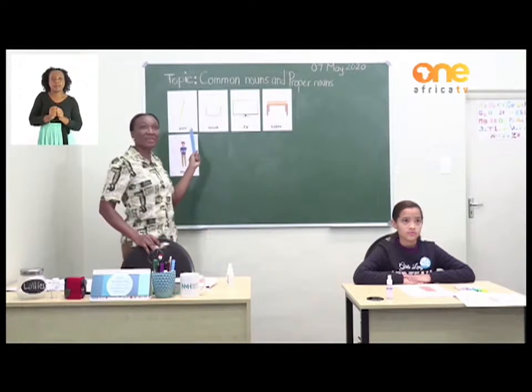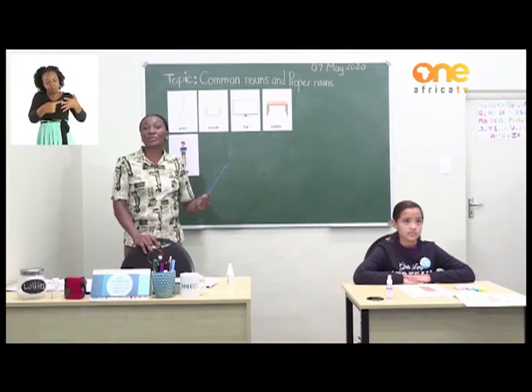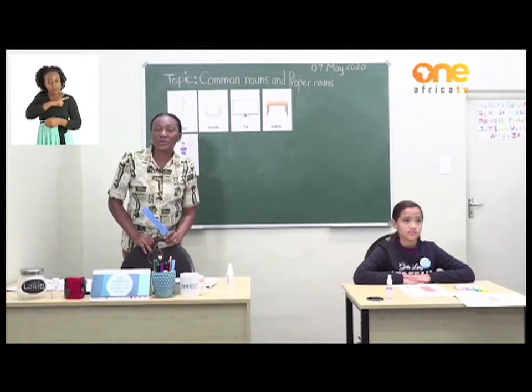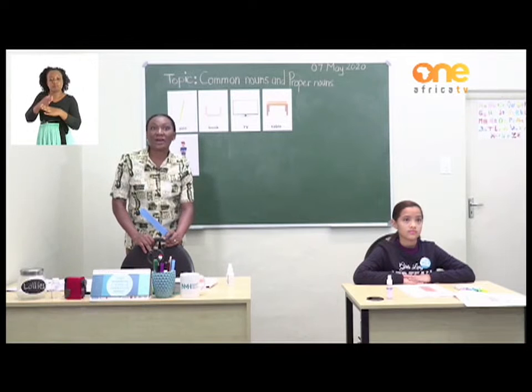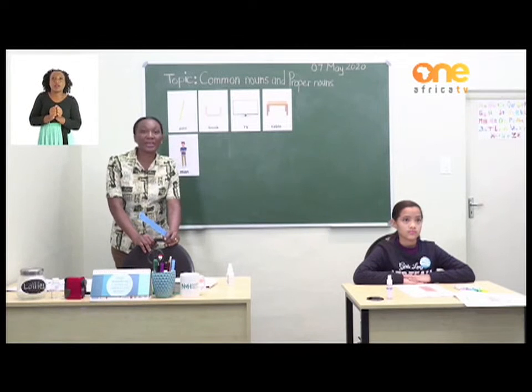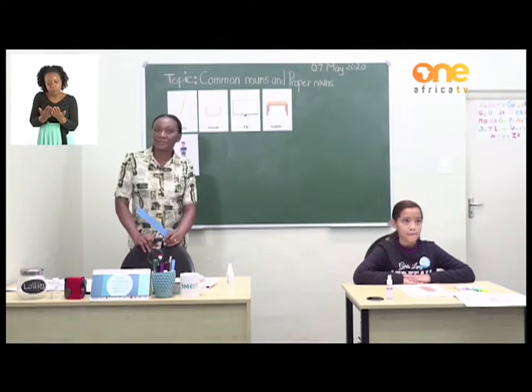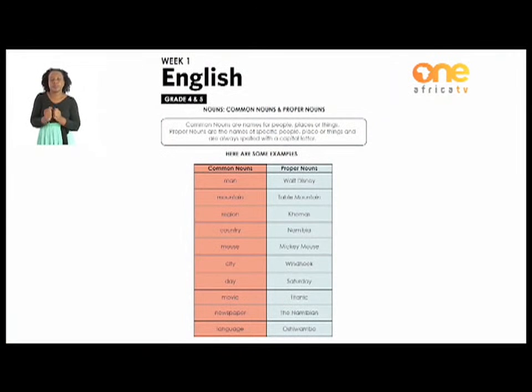Now, you have mentioned these things because you are working with them. Right, now I want you to look in your book again on page 3. In your book on page 3, you can see that we are given some few examples of common nouns. Chanel, can you see them?